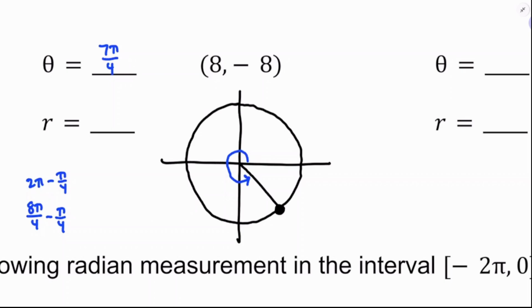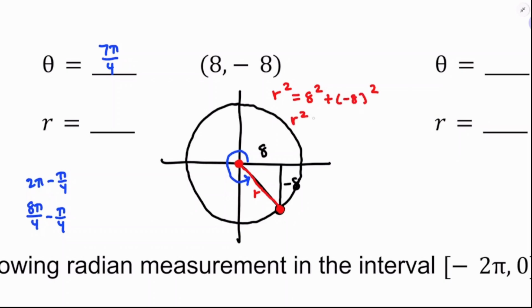And then the radius, we're going to need that triangle. We have the x is 8 and y equals negative 8, and then I'll say that this is r right there. All right, so r squared is going to equal 8 squared plus negative 8 squared.